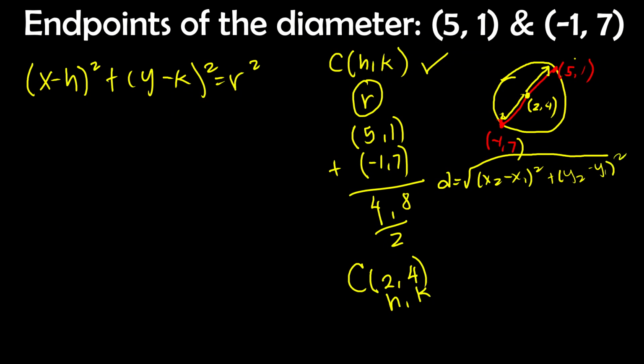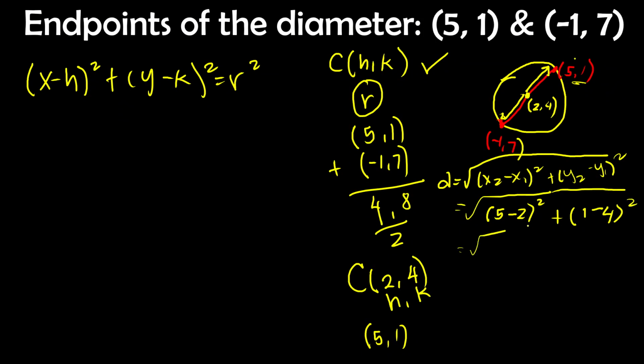What will we use there? Okay, let's just use the 5 and 1. So equals, let's substitute. X sub 2, let's say, is 5, minus x sub 1, 2, squared, plus y sub 2 is 1, minus y sub 1 is 4, squared, equals the square root of 5 minus 2 is 3.